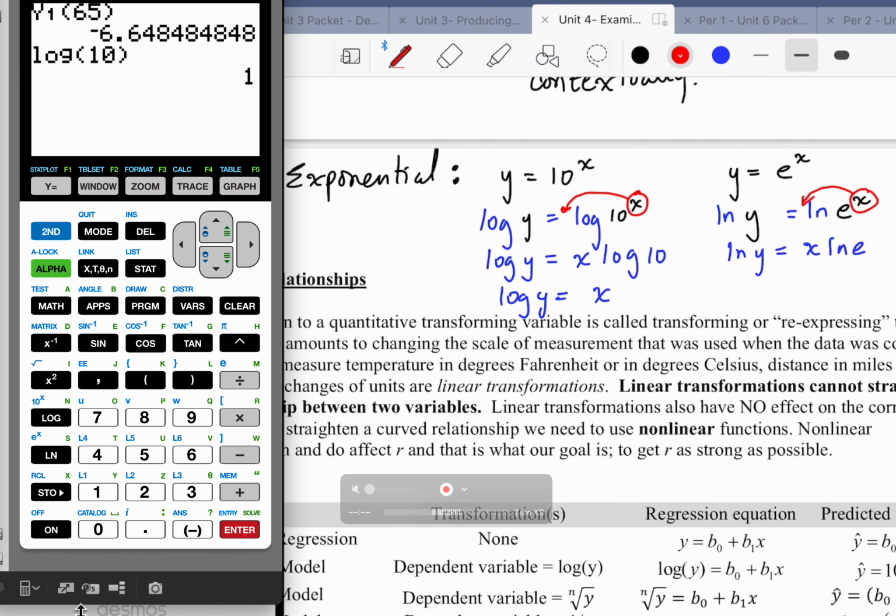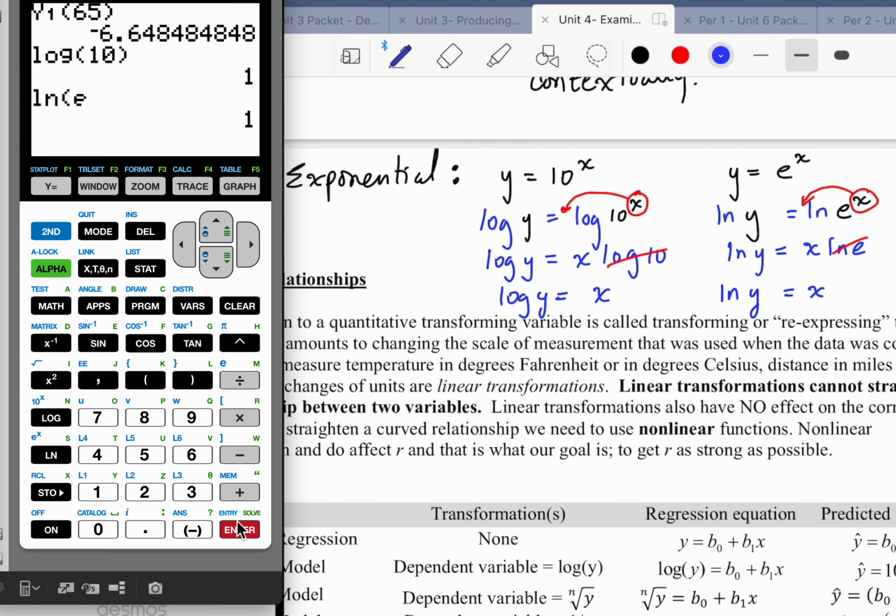Natural log of e, if you don't know, is 1. So we have x is equal to the natural log of y. We say equal, but it also means relates to, or corresponds to, or correlates to.